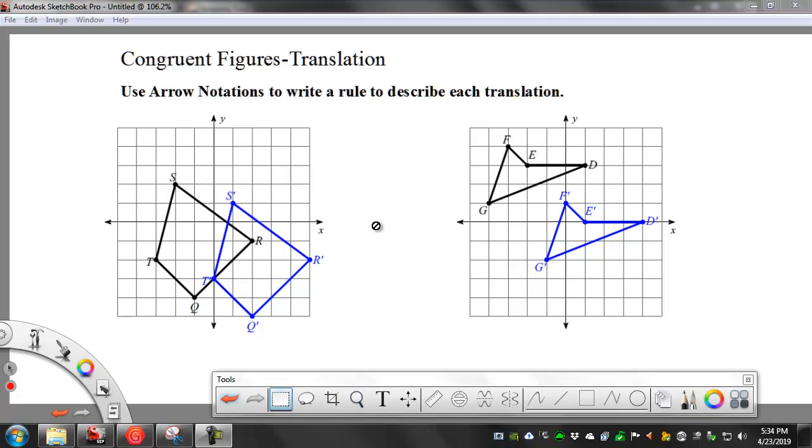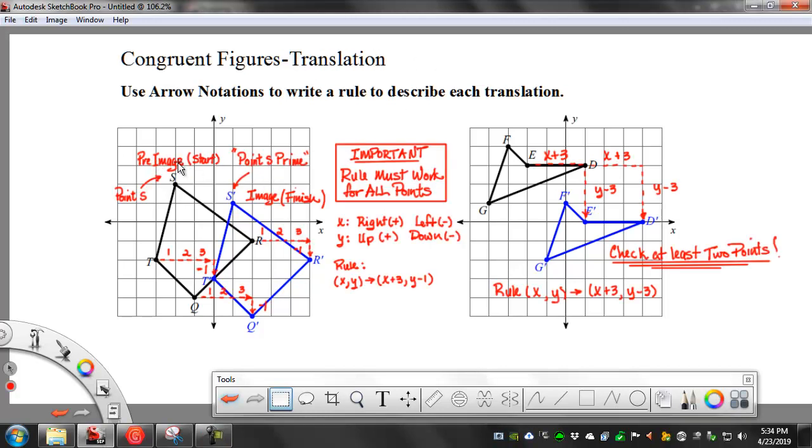The first type of rigid transformation that we're going to be talking about is what we call a translation. As we talk about a translation, there's a couple of things that we need to make sure you understand. Where we start, like this black figure here, is what we call a preimage. That's where we start, and that is designated by a point S in this case.